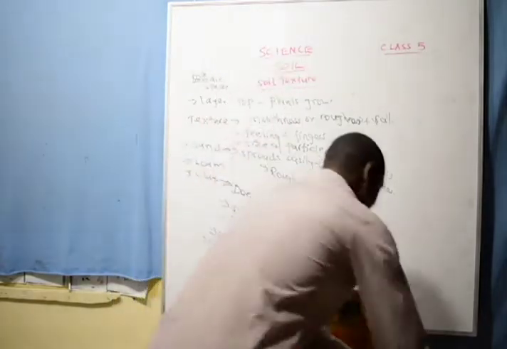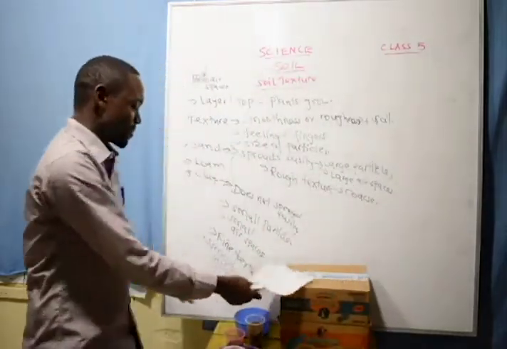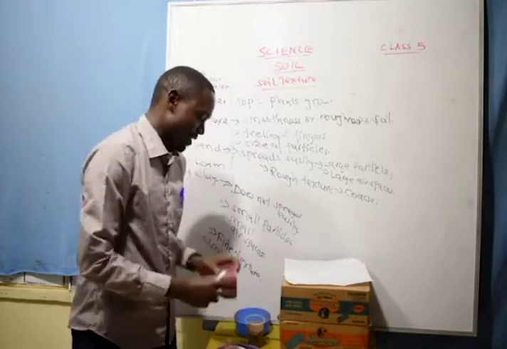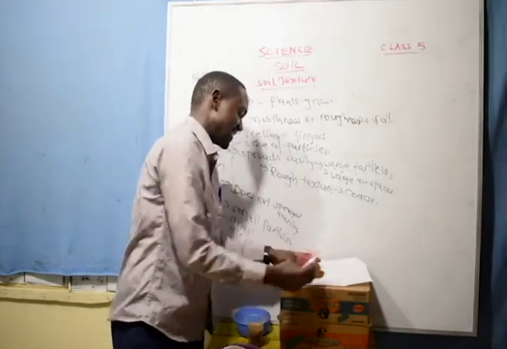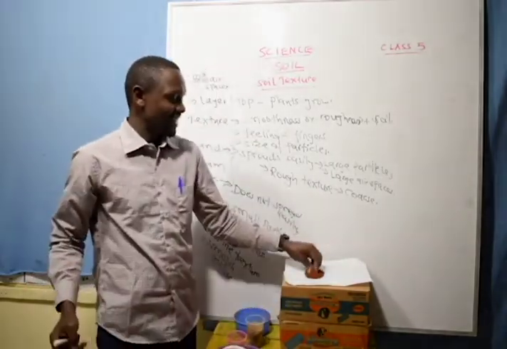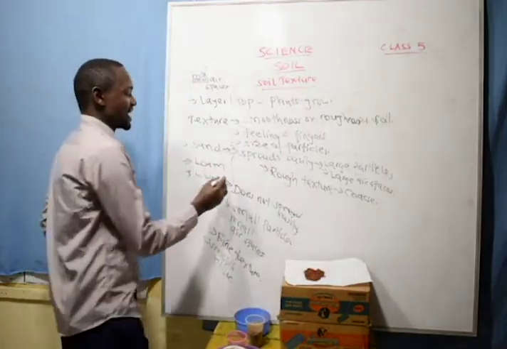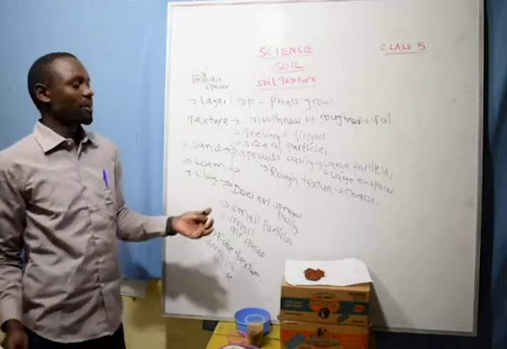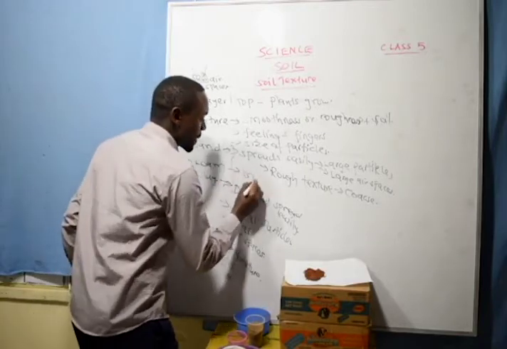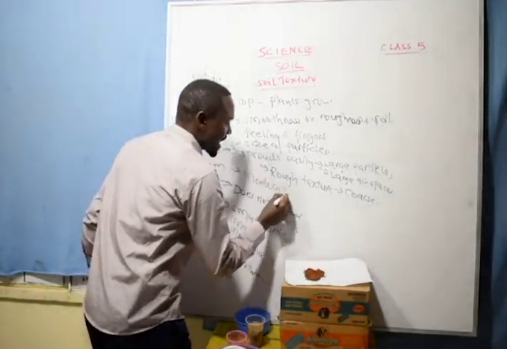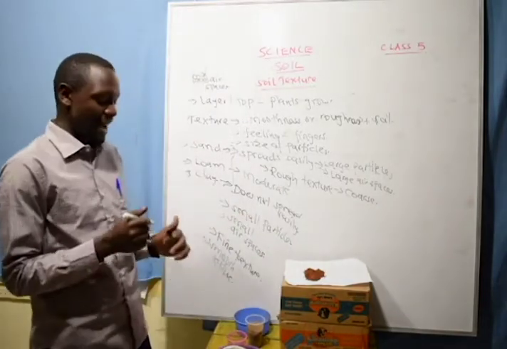The other type of soil, which we are going to look at very briefly, is the loam soil. Everything in loam soil is moderate. It doesn't have large or small particles. It has moderate particles, meaning they are not small or large.